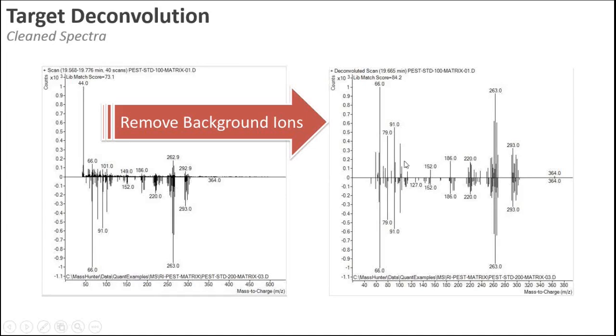It's a background ion, but after deconvolution you can see how the cleaned up spectra improves the score and gives you a much better representation than you would have if you just averaged the spectra. This deconvolution does it automatically and provides you that spectral matching and builds the confidence that you've got the right result.